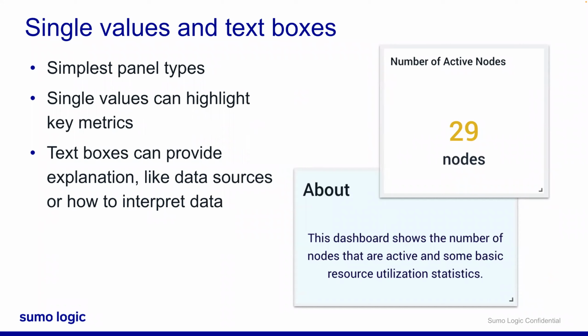Text boxes are very straightforward. They can be used to display anything you'd like. So many people use them to attribute sources to their data or give short explanations of how to use or interpret the dashboard. So it's just a good way to put notes, essentially.